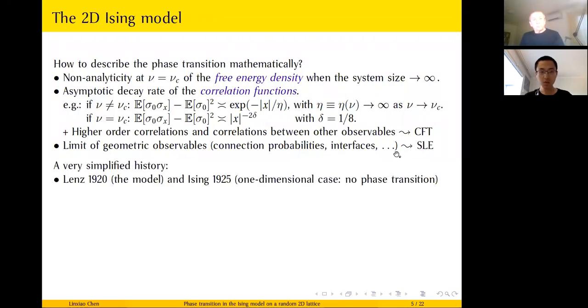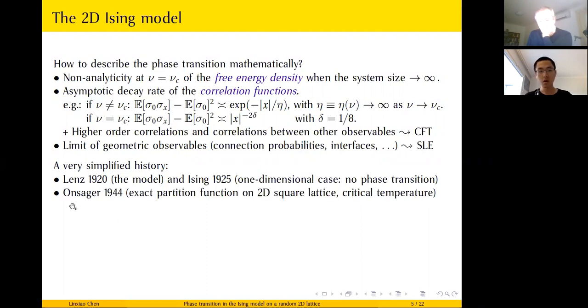So, a very simplified history of the Ising model. The model was first proposed by Lenz in the 20s. And his student Ising worked out the one-dimensional case and found no phase transition. But later, Onsager computed exactly the partition function of the model on the 2D square lattice and obtained the critical temperature.